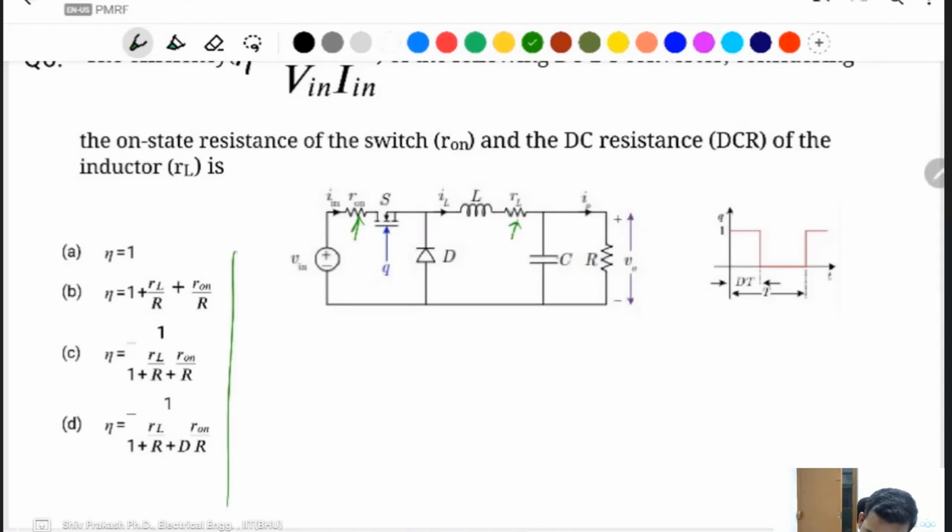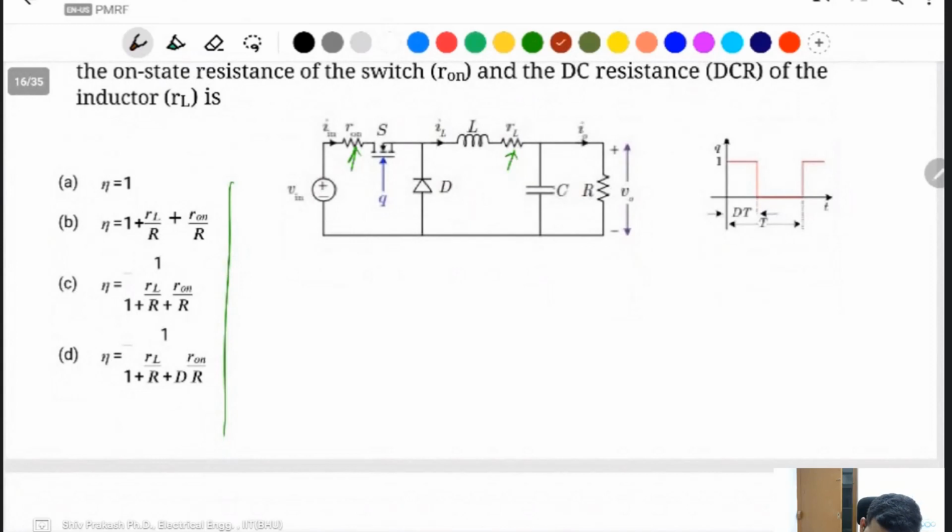I wrote them separately. Option A is efficiency equal to 1.